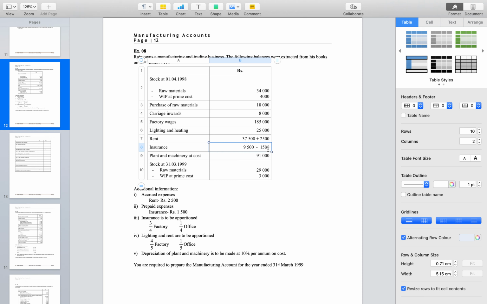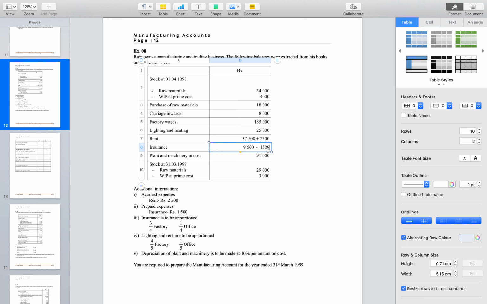From the 8000 rupees, 1/4 belongs to the office. So remember, the 1/4 need not be calculated because the 1/4 goes to the income statement. Since you're doing only the manufacturing account, you should only take what is relevant to your factory. What is relevant to the factory is only going to be 3/4.